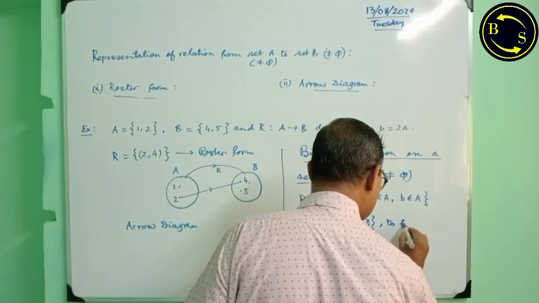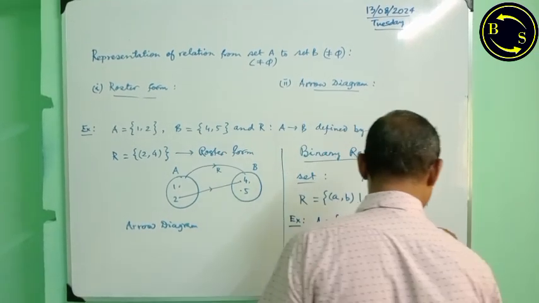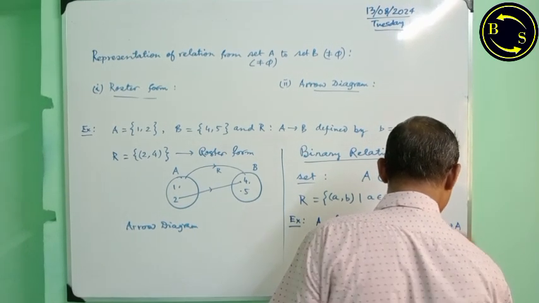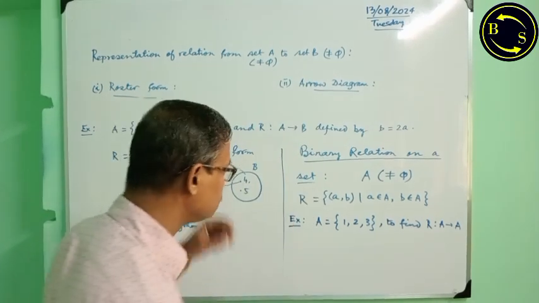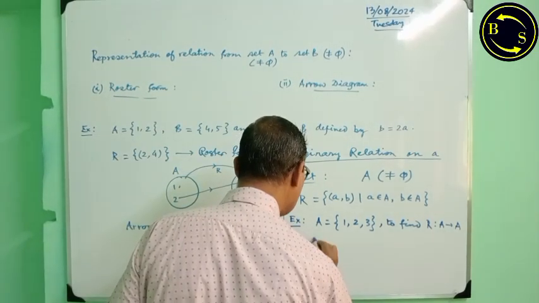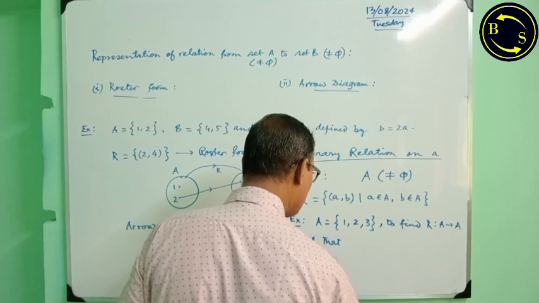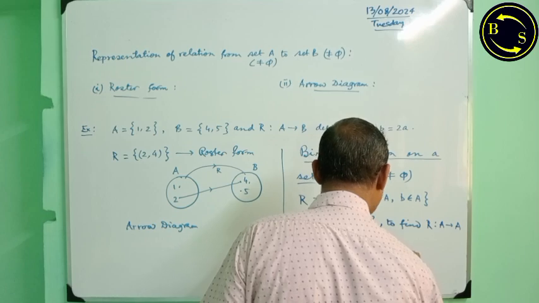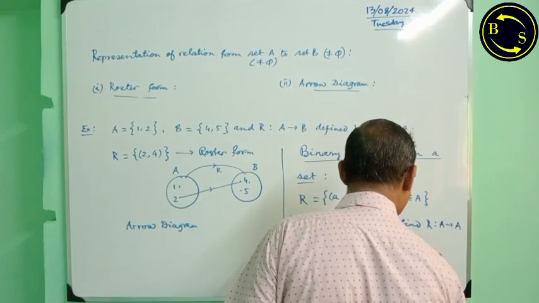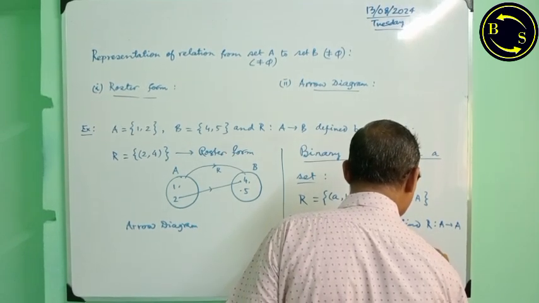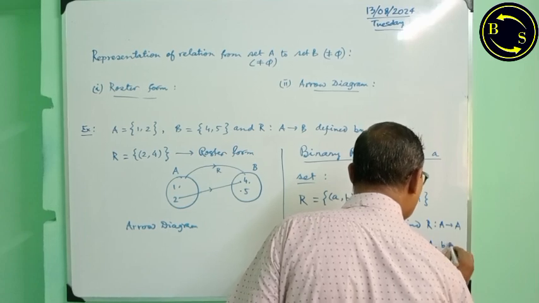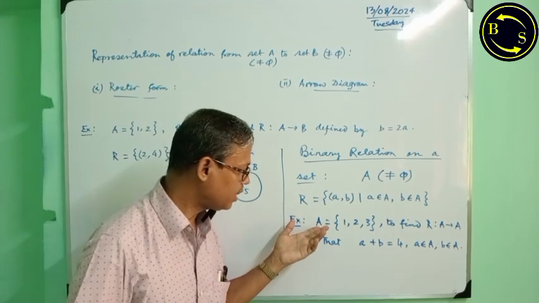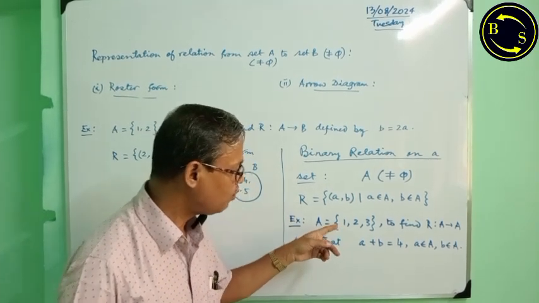To find R from A to A such that, I have taken set A equal to the set {1, 2, 3}.